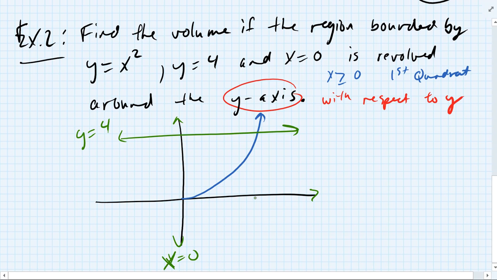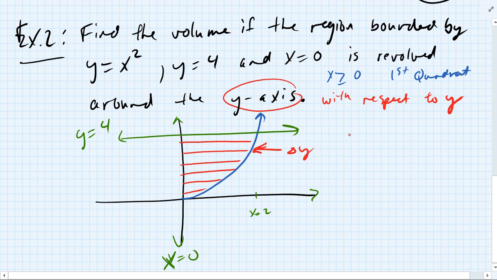So that means this is x equals 2, because 2 squared is 4. We need cross sections that are perpendicular to the y-axis, like so. If you look this way, is it delta y? Am I trying to impress upon you that this is all in terms of y? This function needs to be in terms of y.